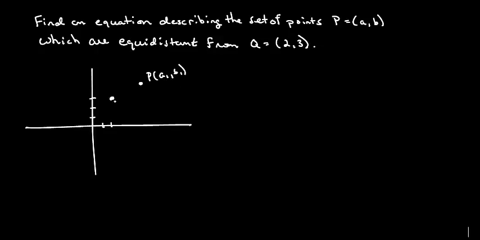So it's got some certain distance from the point 2, 3. Now, if we take this distance right here and expand it a little bit over, we've also got another point, we'll call this P, A2, B2, that is equidistant.